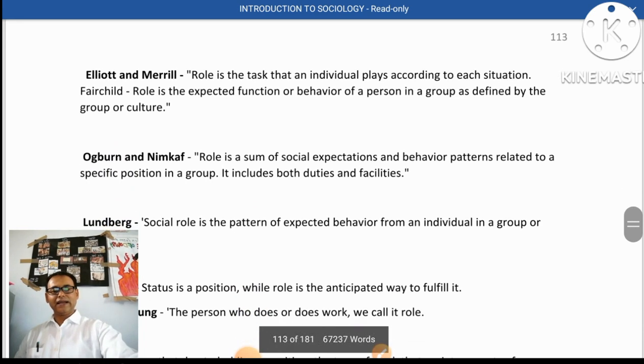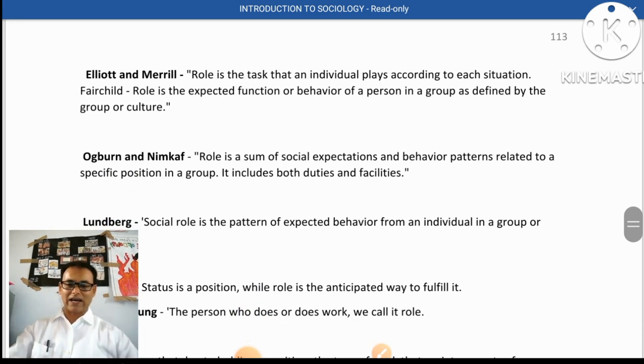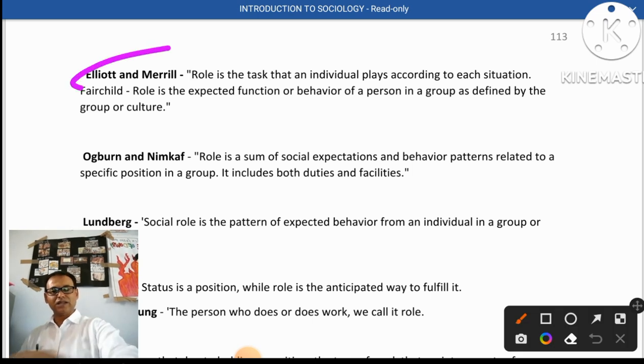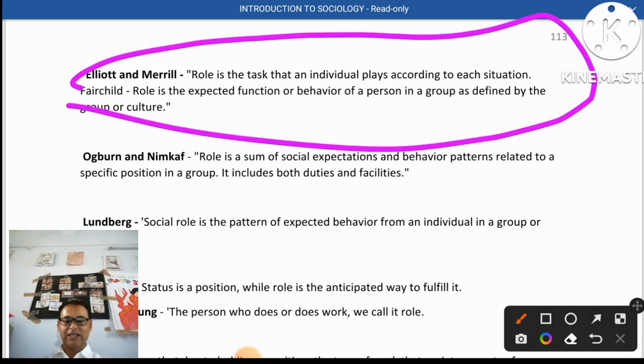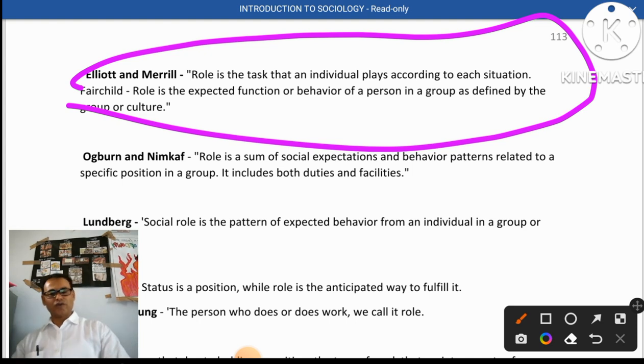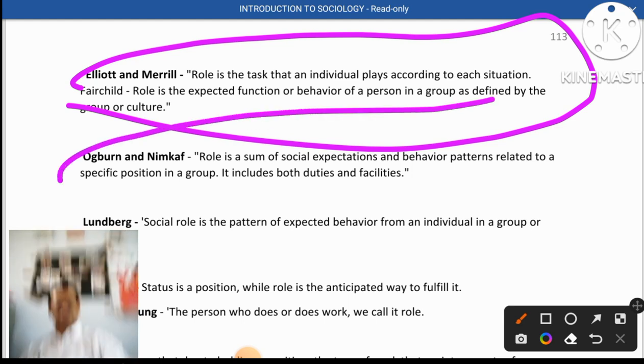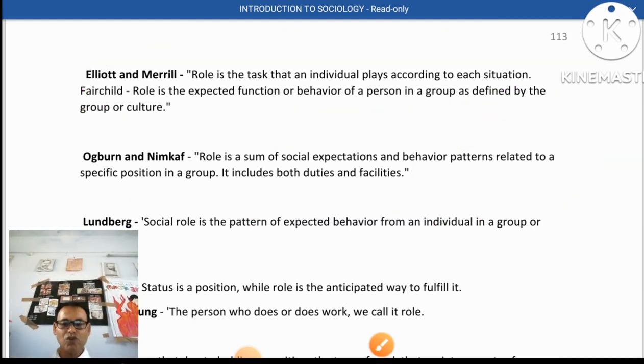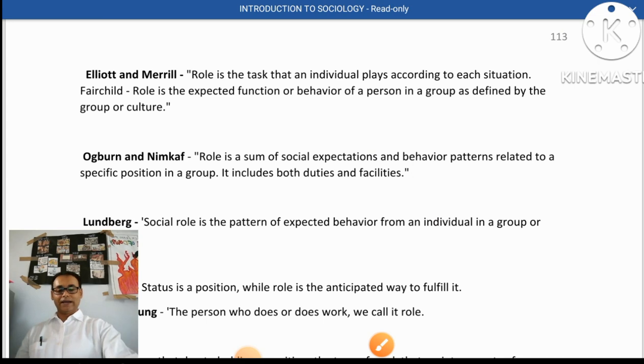And Eliot and Merrill: role is the task or work that an individual plays according to each situation. Situation means position. Eqbal and Nimkoff: role is the sum of social expectations and behavior patterns related to a specific position in a group. You must remember one or two definitions at least and understand.